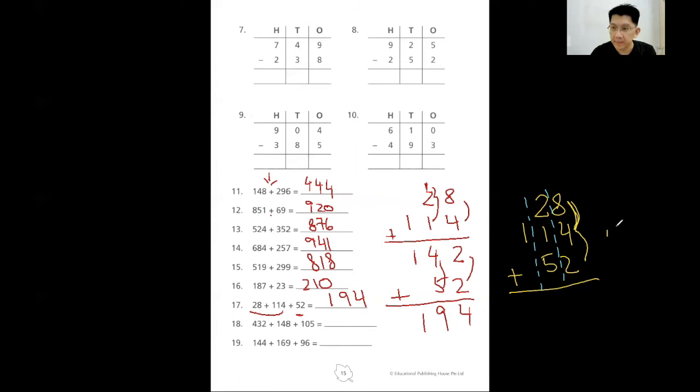Okay, the back digit goes here. The front digit goes to the top of the next group. I know this is a little more confusing, but you can choose which one you like.